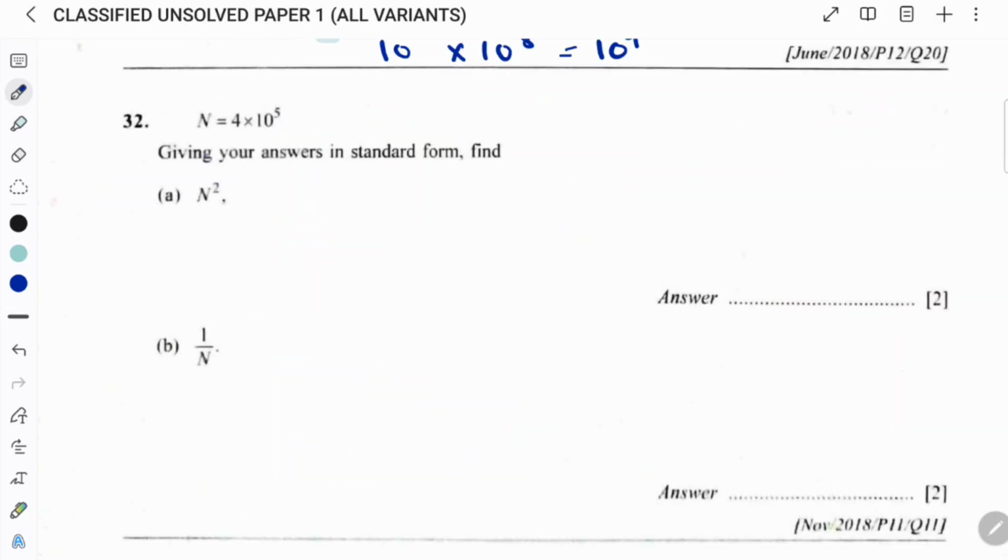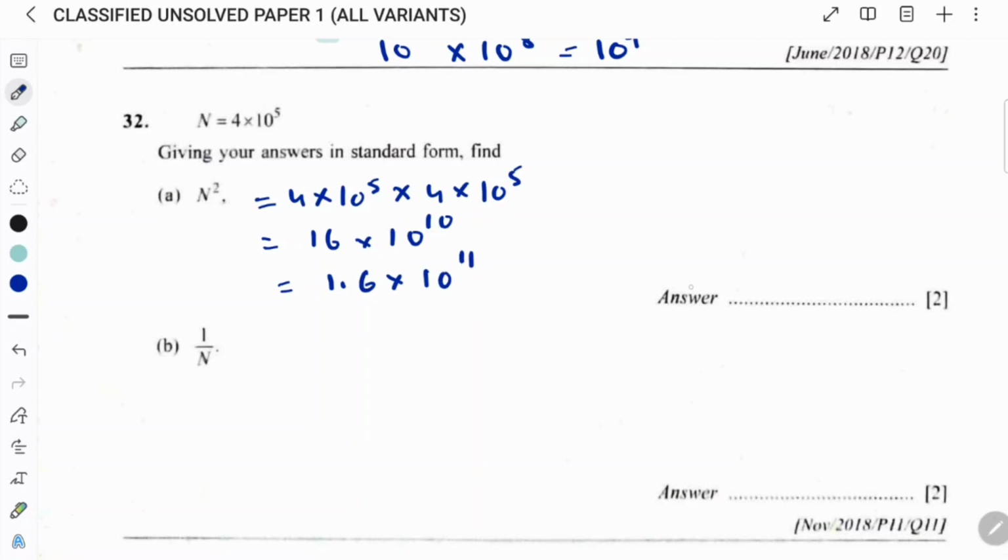All right, now this question 32, n square. N square means 4 into 10 to the power 5, and again 4 into 10 to the power 5. 16 into 10 to the power of 10. 1.6 into 10 to the power of 11.